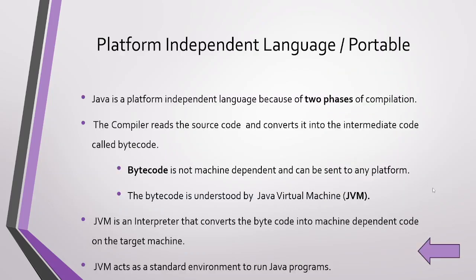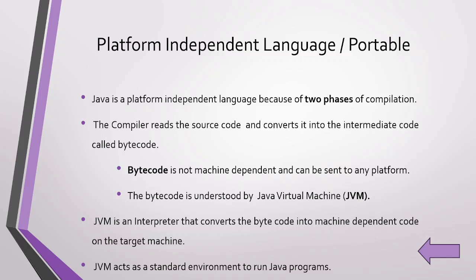Now, it has two phases of compilation, compared to C and C++, which have only one phase. The source code is directly converted to machine code of the underlying hardware and software. But here, every Java program is compiled into bytecode. Now, bytecode is understood by the JVM, and the JVM is an interpreter.